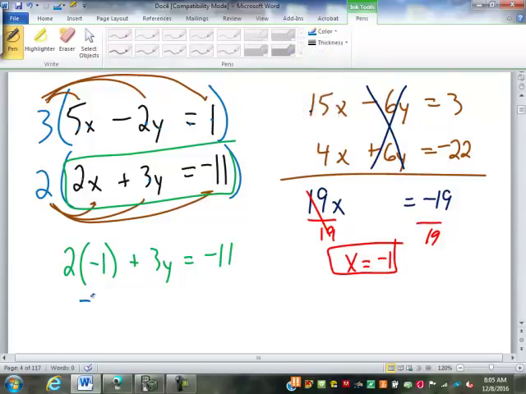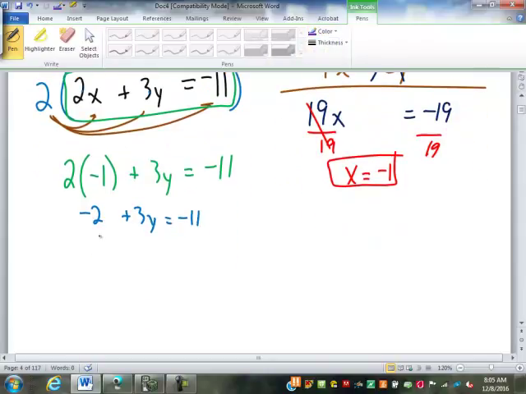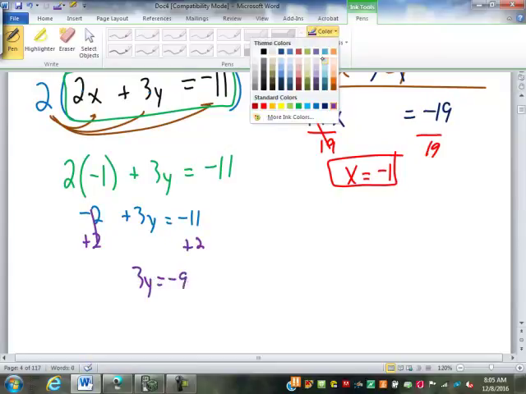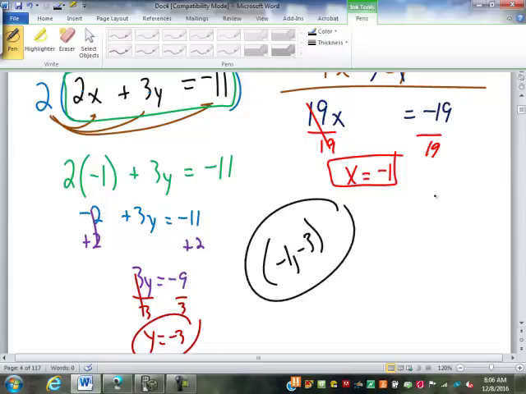And 2 times negative 1 is a negative 2 plus 3y equals negative 11. Adding 2 to get rid of the negative 2. 3y equals negative 9. And divided by 3. Y equals negative 3. Negative 1, negative 3.